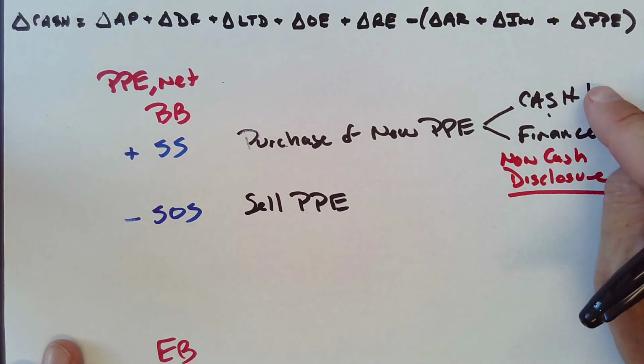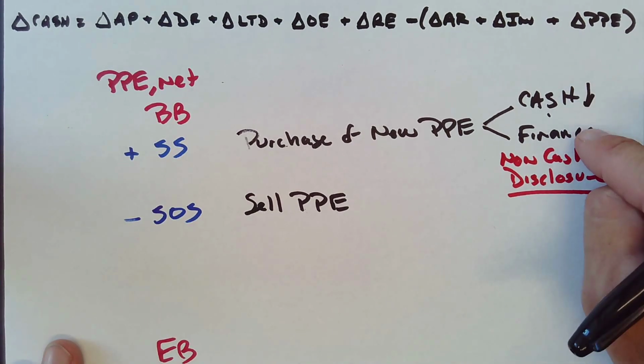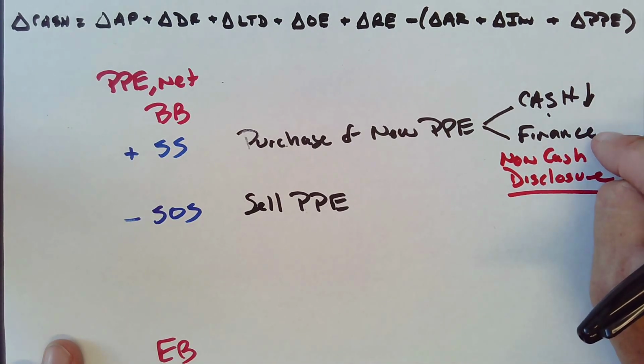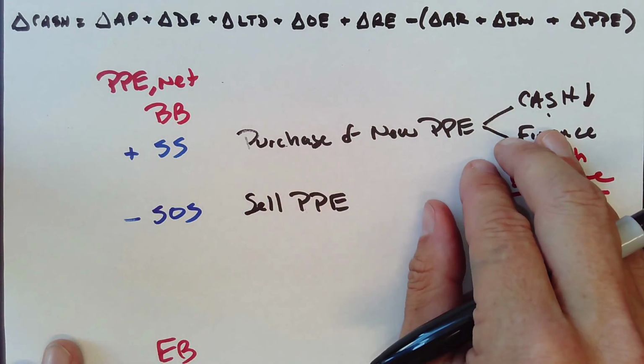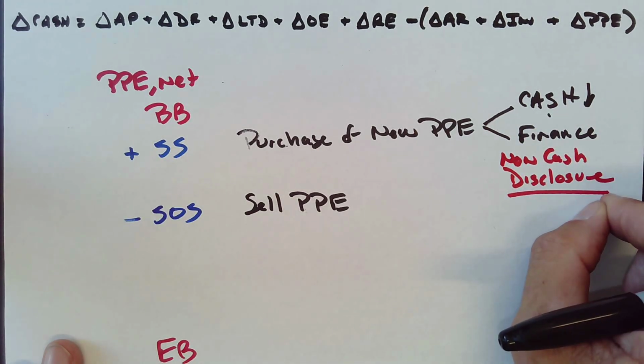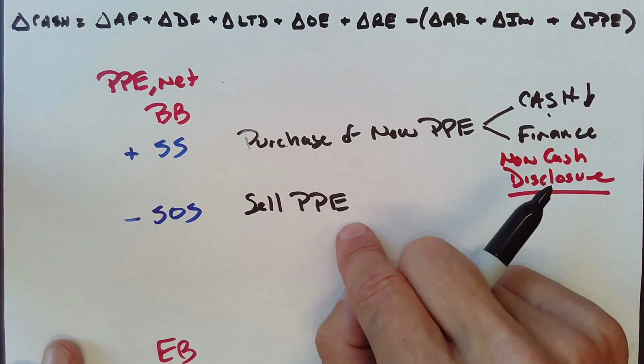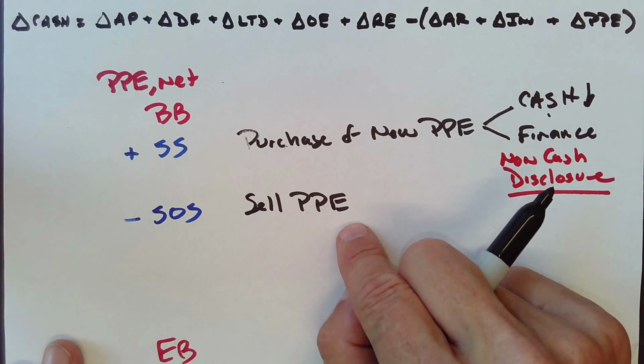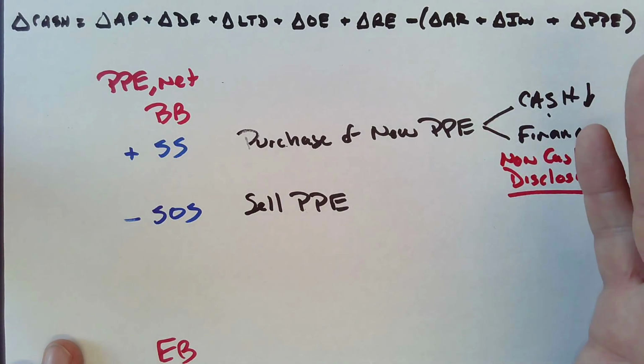Again, I could also have the same thing, cash or finance. Most of the time I'm not going to self-finance a sale of my existing property, plant, and equipment. I'm likely just going to get cash. What else is going to make PP&E go down? How about depreciation?